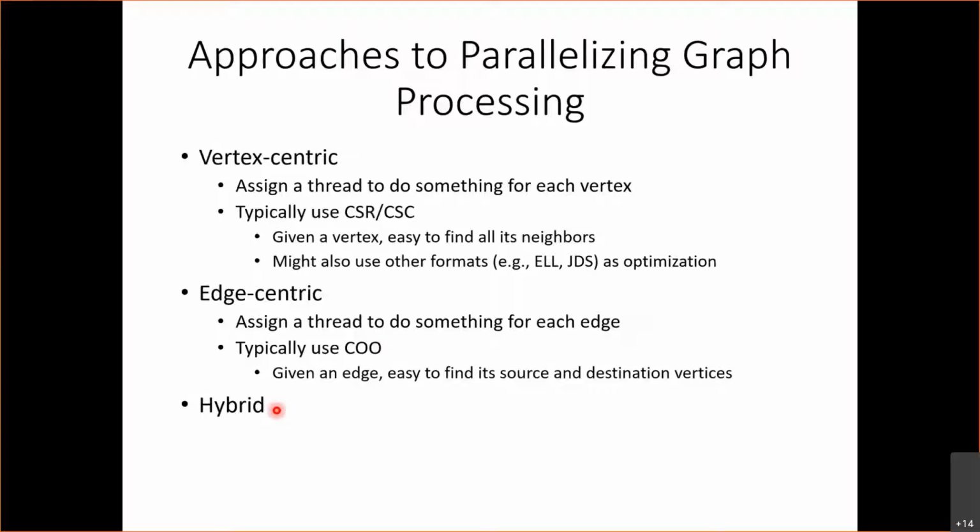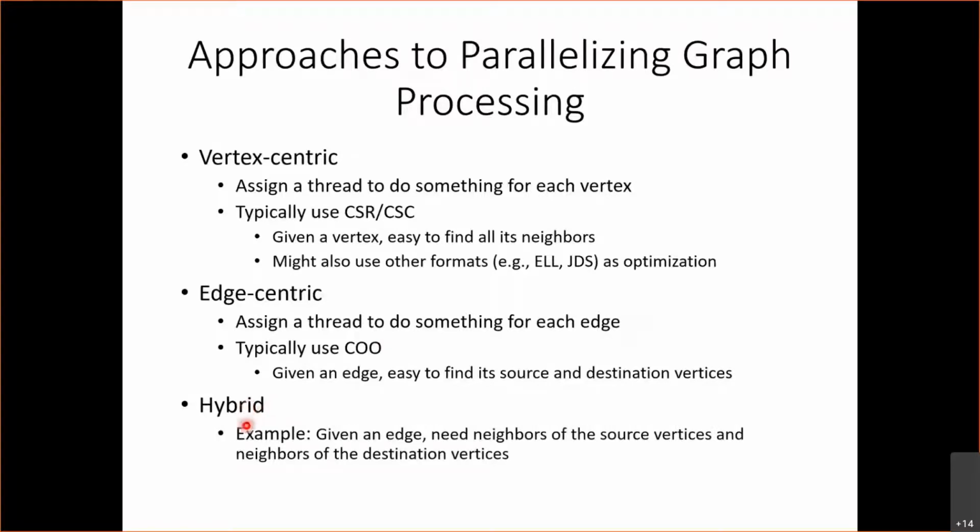An example of this is in some graph algorithms, I might need, for example, to look at an edge, and for that edge, find the neighbors of its source vertex and find the neighbors of its destination vertex. So here I need to be able to find the source and the destination of the edge, and for the source and the destinations, I need to be able to find their neighbors.